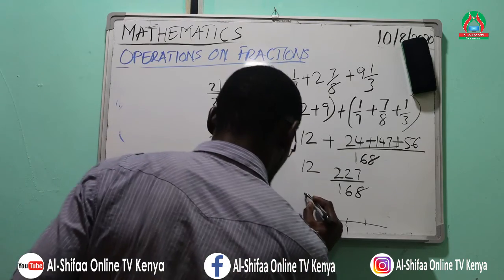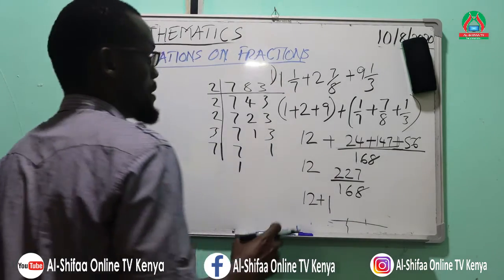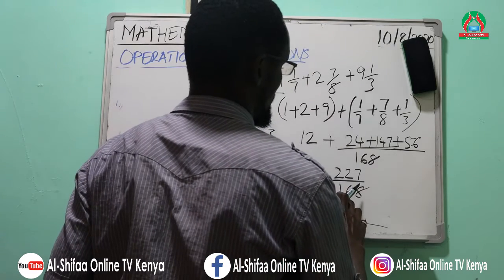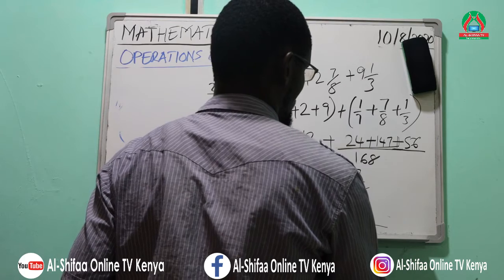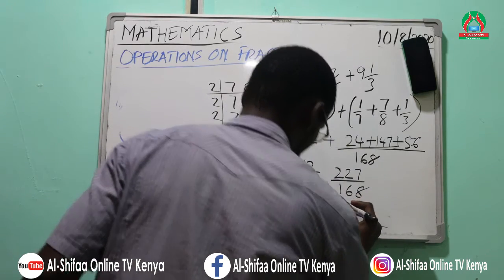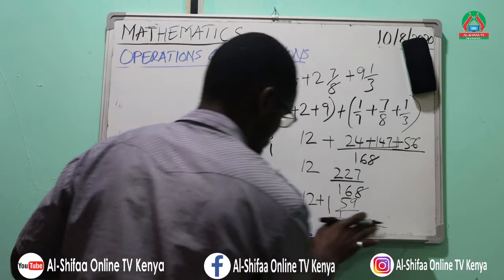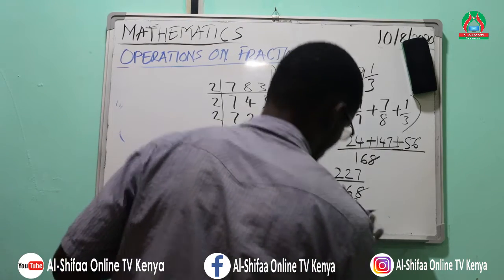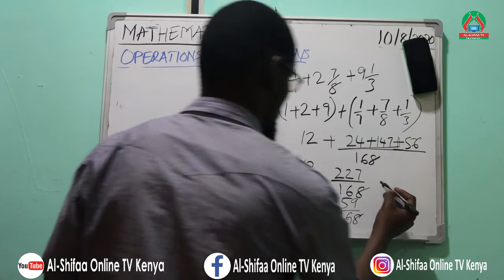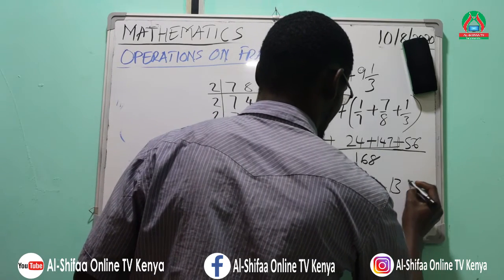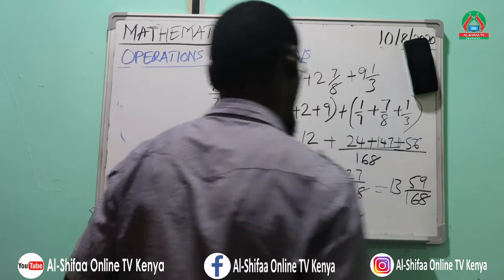So this is equivalent to 12 plus 1 and 59 over 168. So this is equivalent to 13 and 59 over 168.